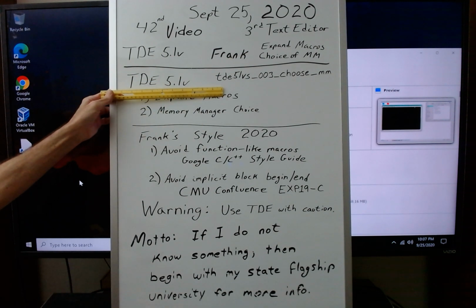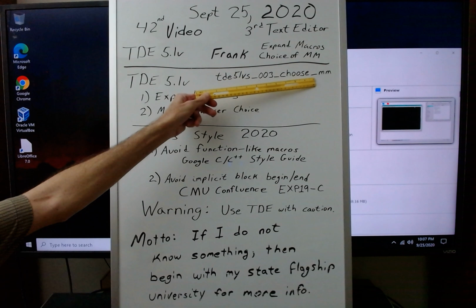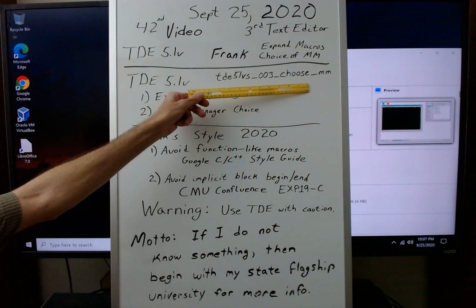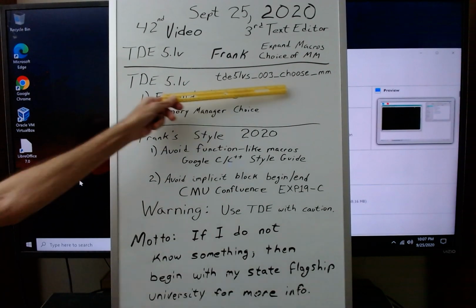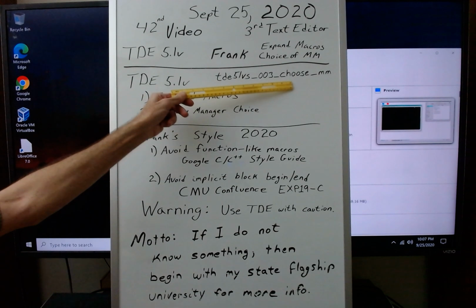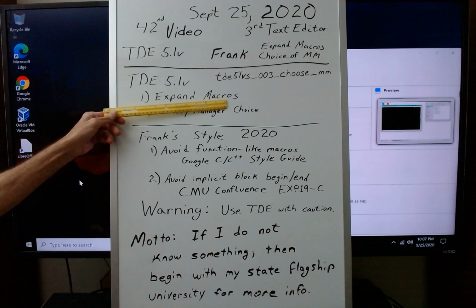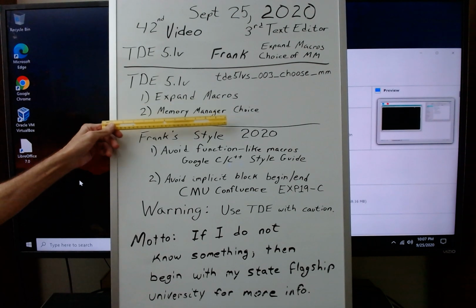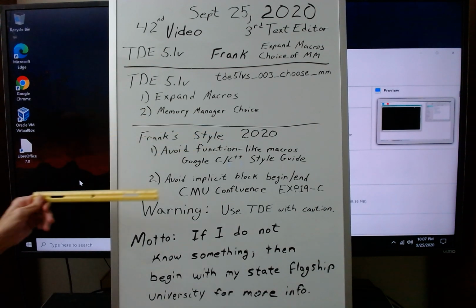There's our TDE 5.1v, and the file folder, I'm going to put these on my Google Drive, and that's the file folder that goes with this video, TDE 3, choose the memory manager.